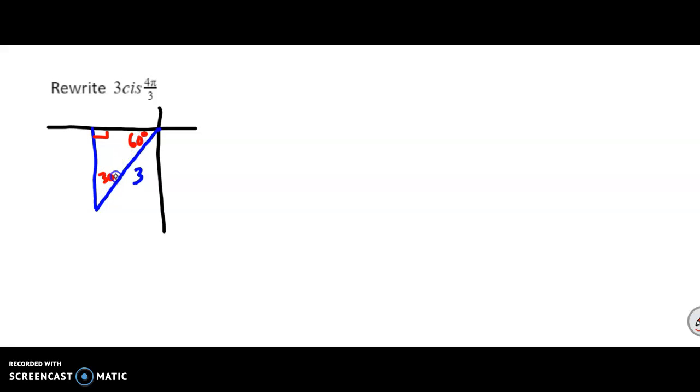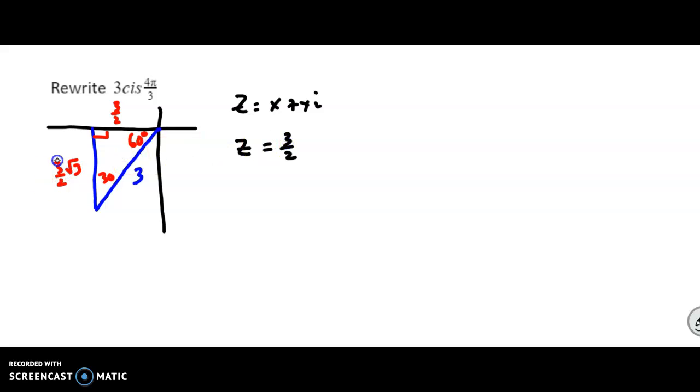Now the relationship still holds. If the hypotenuse is 3, the shortest side is half of that, so that's 3 halves, and this side is going to be the shortest side times root 3, all right? So there's my x, and there's my y. So z is equal to x plus yi. z is equal to 3 halves.